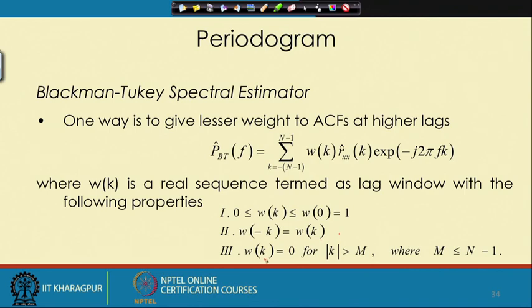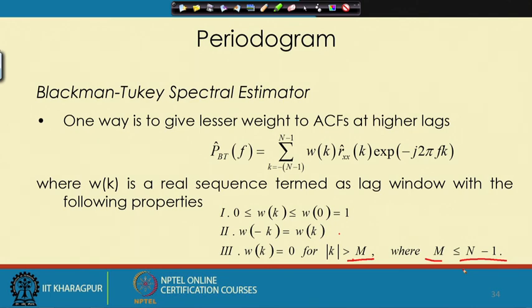Third thing is that it should go to 0 beyond some m. What should be the value of m? M should be less than n minus 1. That means we could compute the autocorrelation lags up to n minus 1, but we know when we go near n minus 1, the number of terms to average would be very few. In fact, there would be only one term at the n minus 1th lag. So, we need to get rid of that situation.